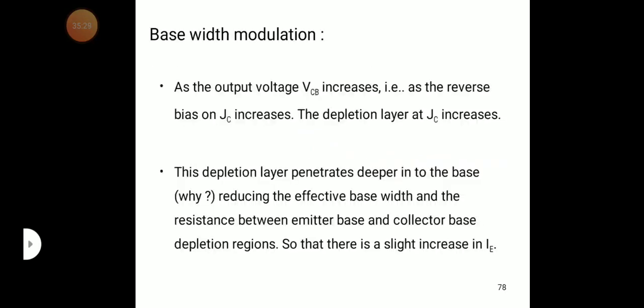So that's why it is called base width modulation. The meaning is that the base width is modulated because of this increase in the reverse bias at the collector junction.